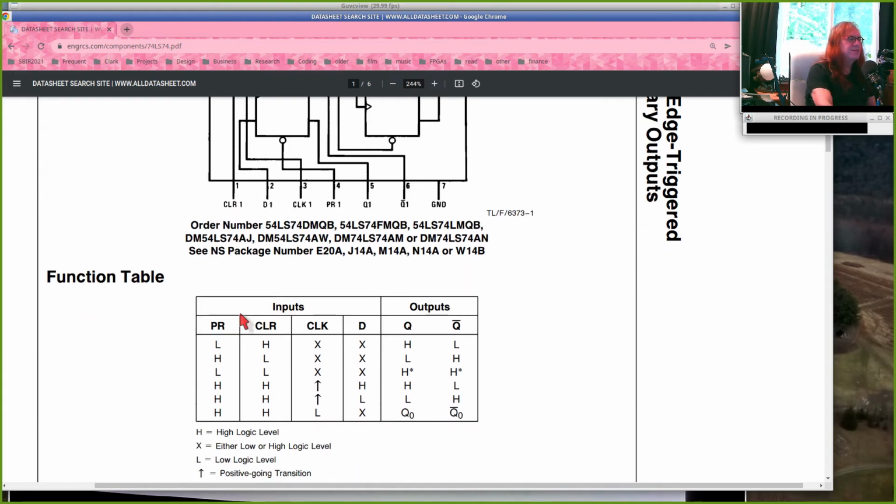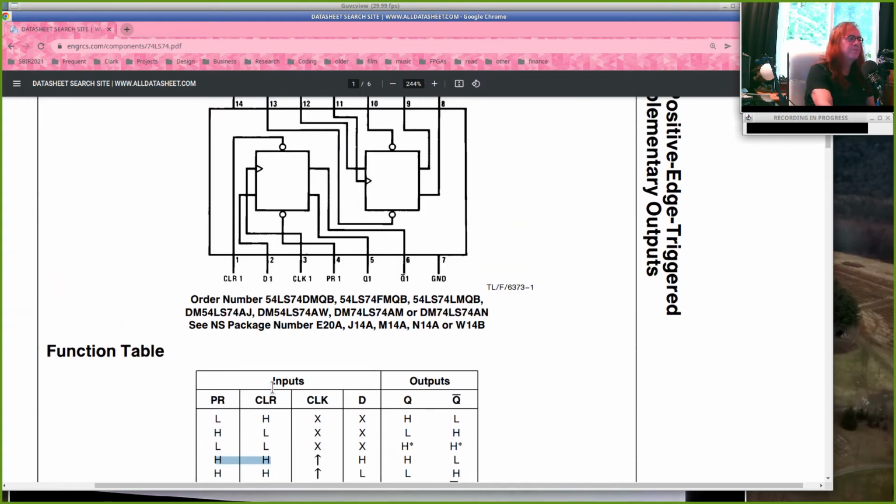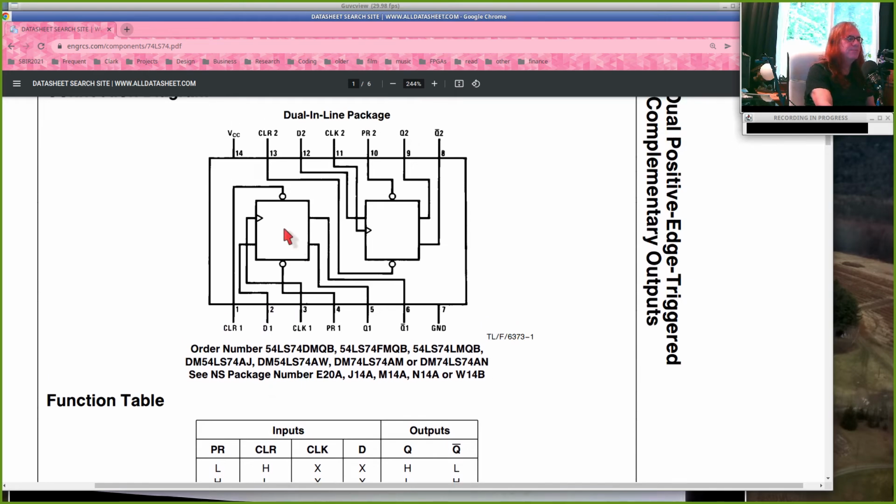And on the function table, you can see anytime that clear is asserted low, the output goes low. If clear is high and preset is low, the output goes high. So to make this thing work like a flip-flop, we want preset and clear to both be high. So you're going to tie those to logic 1. And you're going to do that on both of these flip-flops.